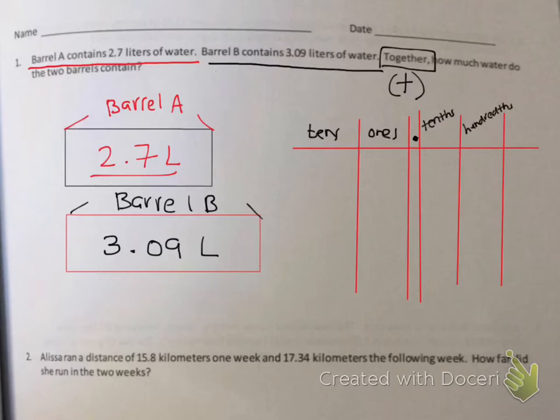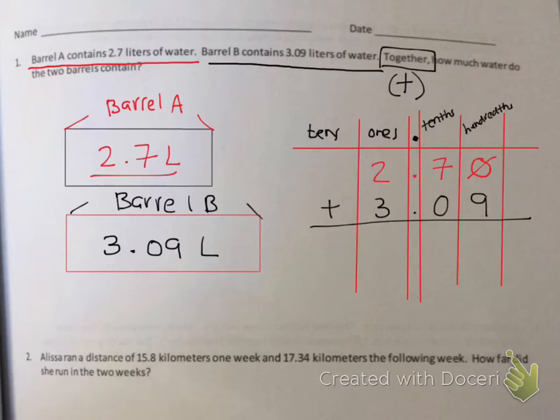So first, I have 2 and 7/10. Okay. I then have 3 and 0.900. So now I'm going to add them. Okay. Now, if you want, you can put an imaginary 0 here, right?